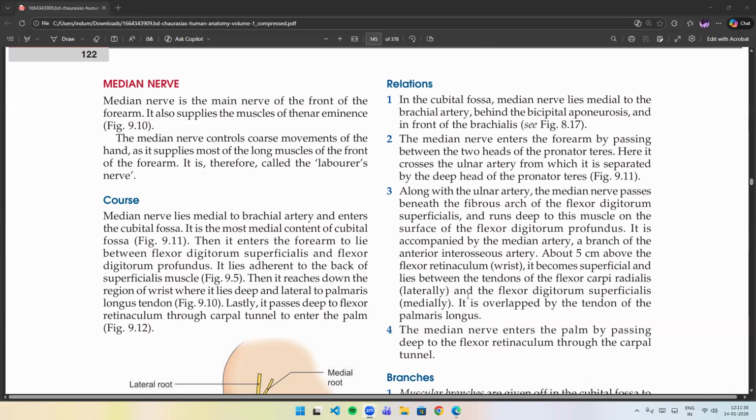About 5 cm above the flexor retinaculum wrist, it becomes superficial and lies between the tendons of the flexor carpi radialis laterally and the flexor digitorum superficialis medially. It is overlapped by the tendon of the palmaris longus. The median nerve enters the palm by passing deep to the flexor retinaculum through the carpal tunnel.